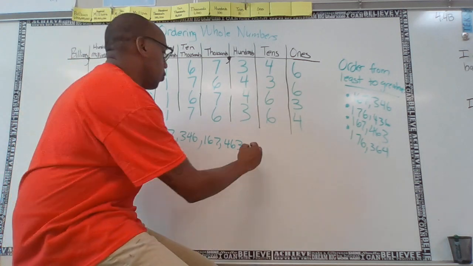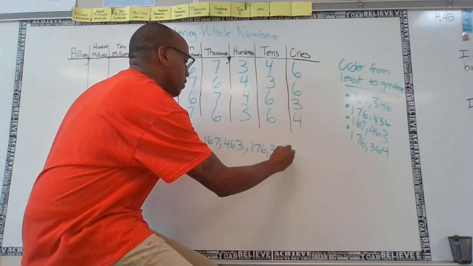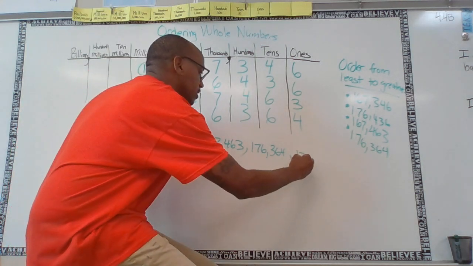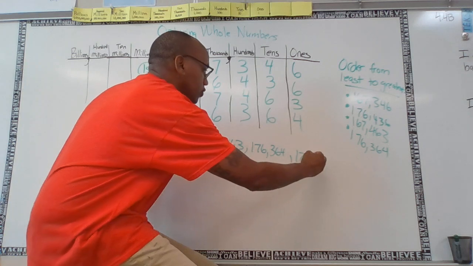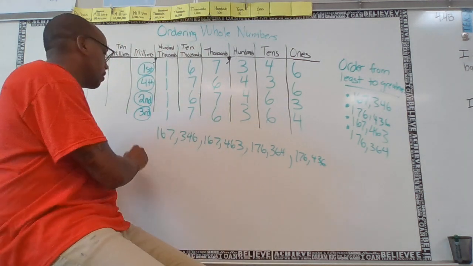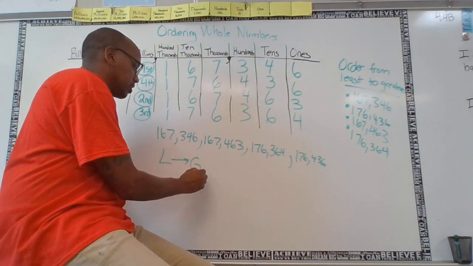Third is 176,364. And fourth is 176,436. Again, this is the order from least to greatest.